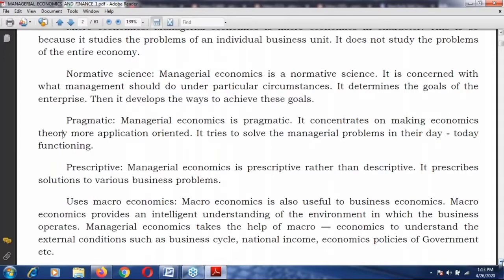So the analysis by applying the economic concepts can help, invest and seminars.